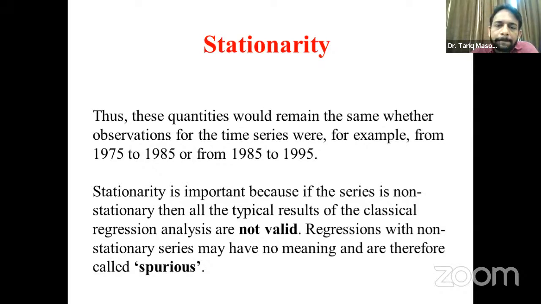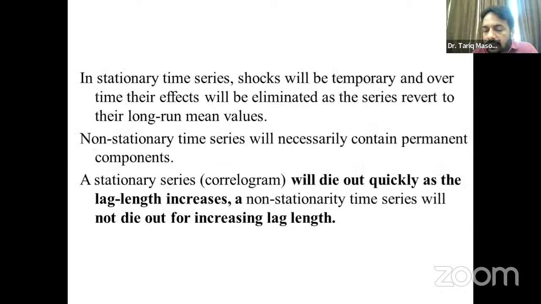In the proper regression framework, when we use time series data for classical regression analysis, when there is involvement of non-stationary time series, our regression analysis may be spurious. The estimated relation between variables may be spurious. Now the question is, what is spurious? What is the meaning of spurious?